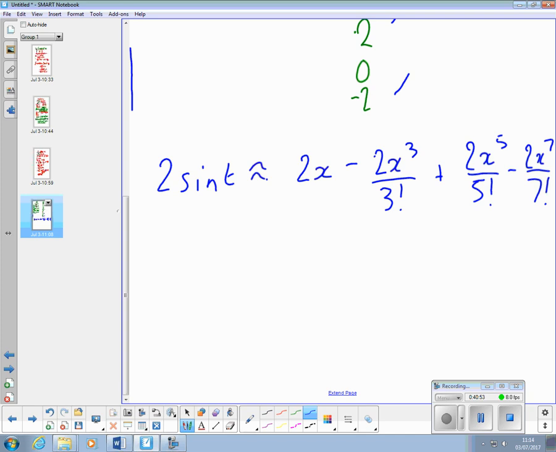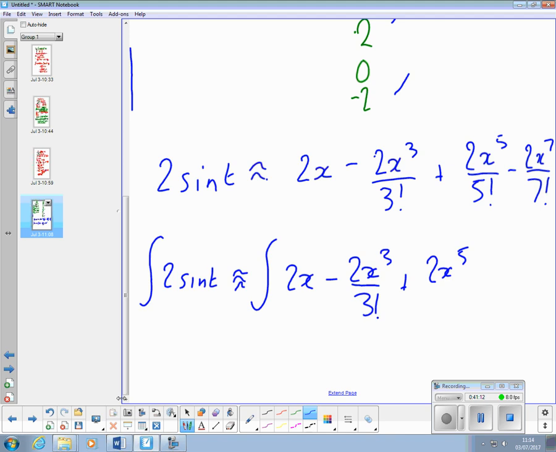So the integral of 2 sine t is approximately equal to the integral of 2x minus 2x cubed over 3 factorial plus 2x to the 5 over 5 factorial minus 2x to the 7 over 7 factorial, between pi and 0. I'll put x instead of t.